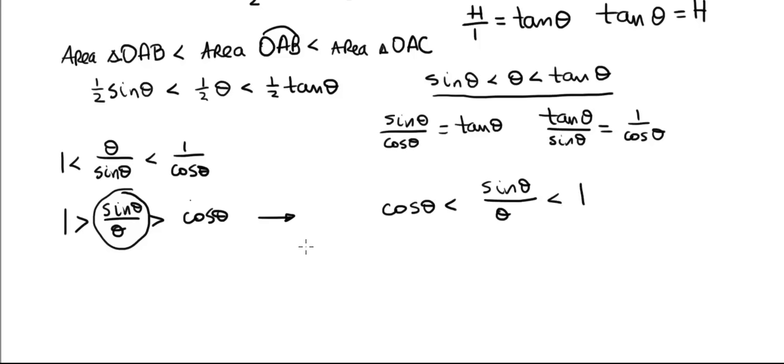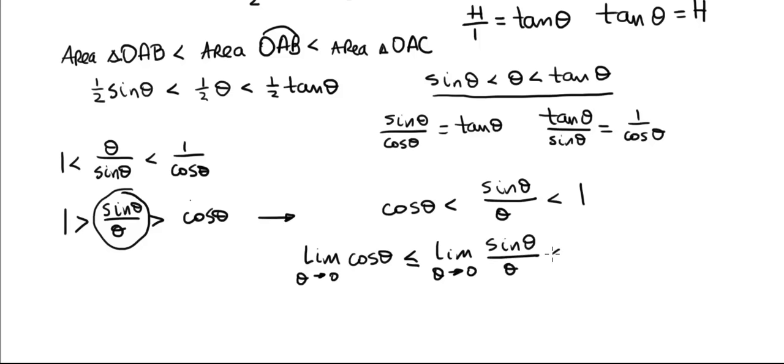Let's apply the limit to all sides. The limit as theta approaches 0 of cosine theta is less than or equal to the limit as theta approaches 0 of sine theta over theta, and that's less than or equal to the limit as theta approaches 0 of 1.